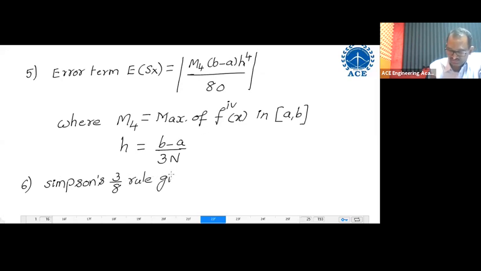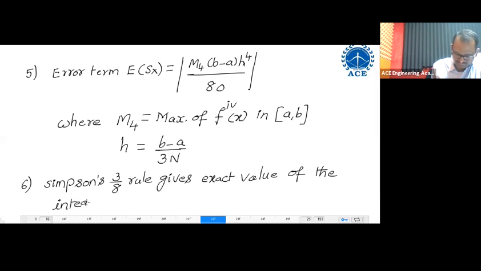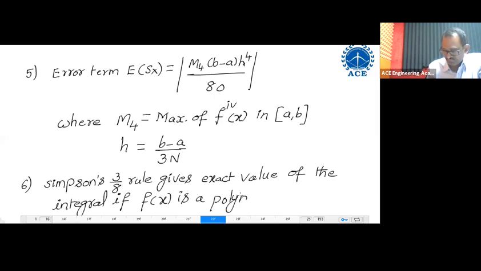Simpson's 3/8 rule gives the exact value of the integral if f of x is a polynomial of degree less than or equal to 3.